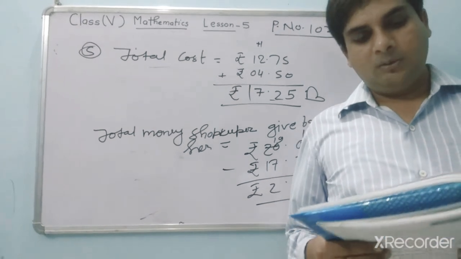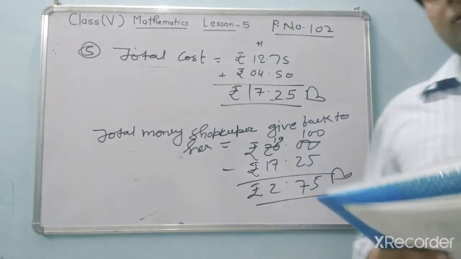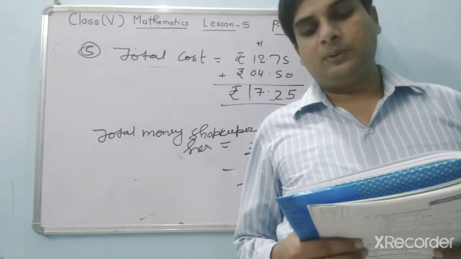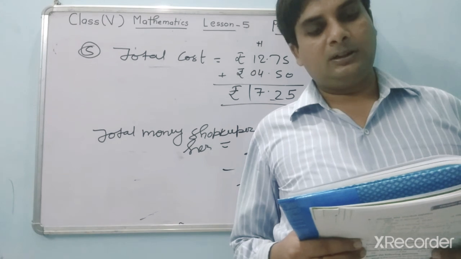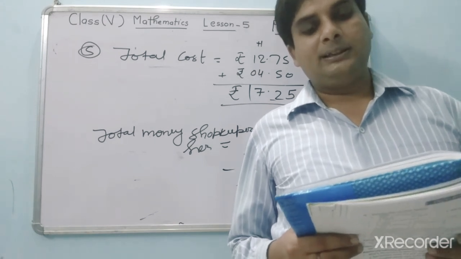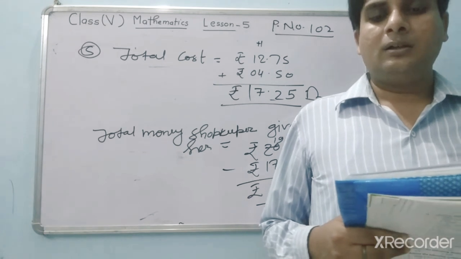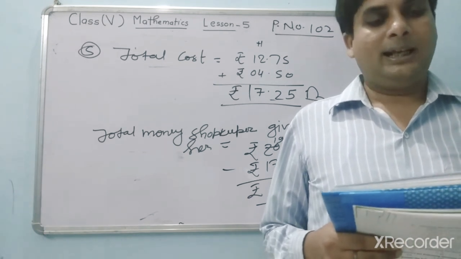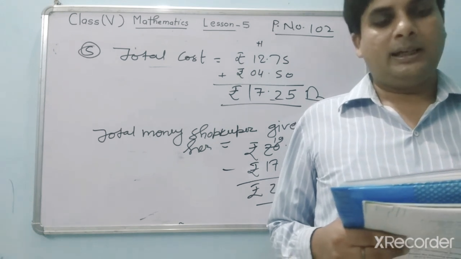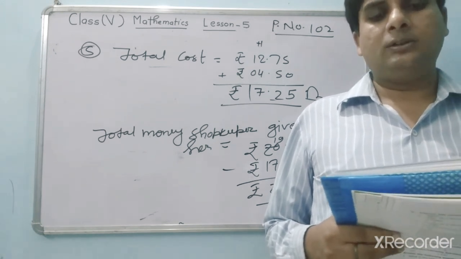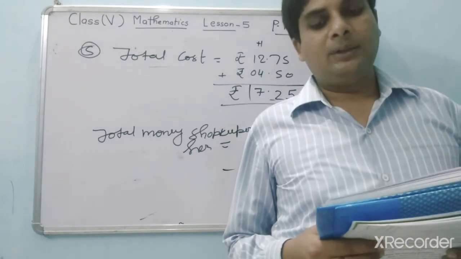Okay. Now one more question. I walked around the rectangular field with the length 39.5 meter and the breadth 25.75 meter. How much distance did I cover when I went around the field once and then two times?